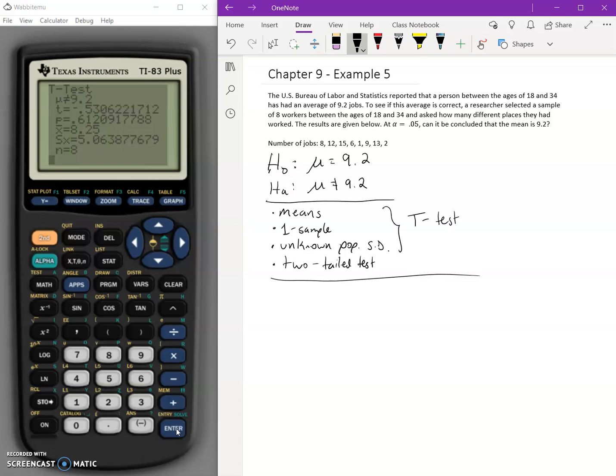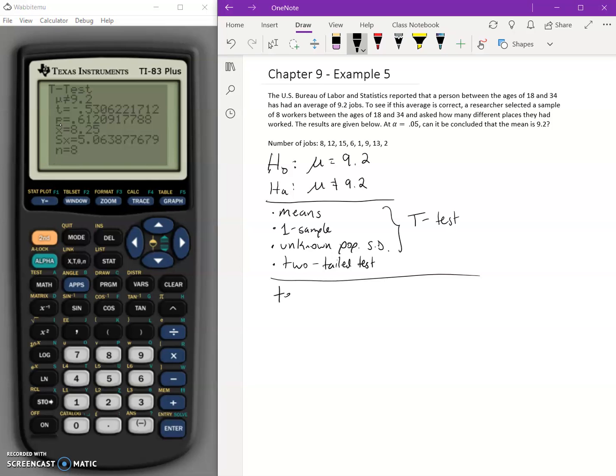What we now see is that we can pull out some numbers of interest. One number is x bar. We have 8.25. That means the mean of these 8 values was 8.25. So we calculated an average of 8.25. Is that significantly different from 9.2? Well, that's what we're testing right now.